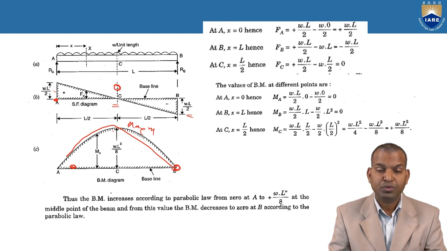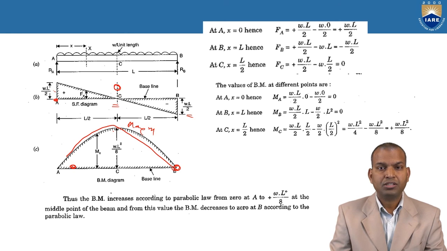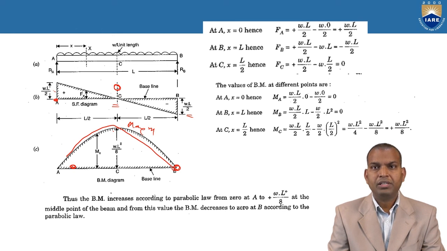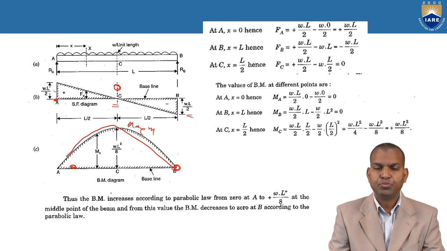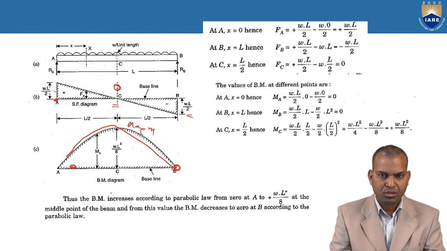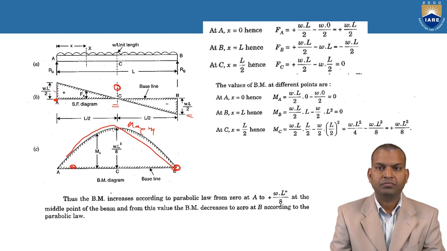In this case of a simply supported beam subjected to UDL, uniformly distributed load, whenever UDLs are acting throughout the span of the beam, at the midpoint the shear force becomes 0 and bending moment is maximum.